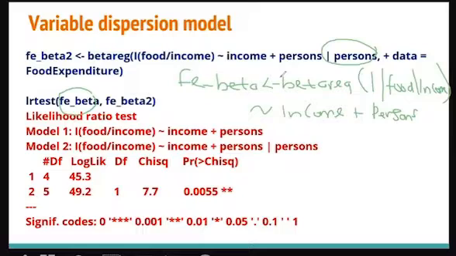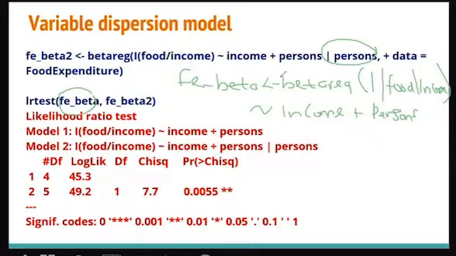Now, for those of you in the class, what I just put on the Zoom for those online, you're going to be wondering where do I see it in the LRT. You can see FE underscore beta and FE underscore beta 2. And what you can see on the board is the FE underscore beta 2. Where is FE underscore beta?